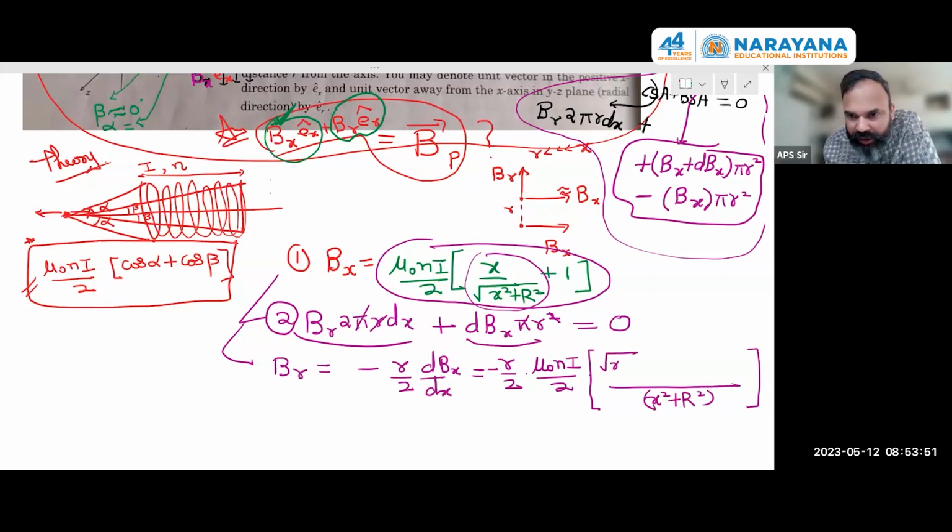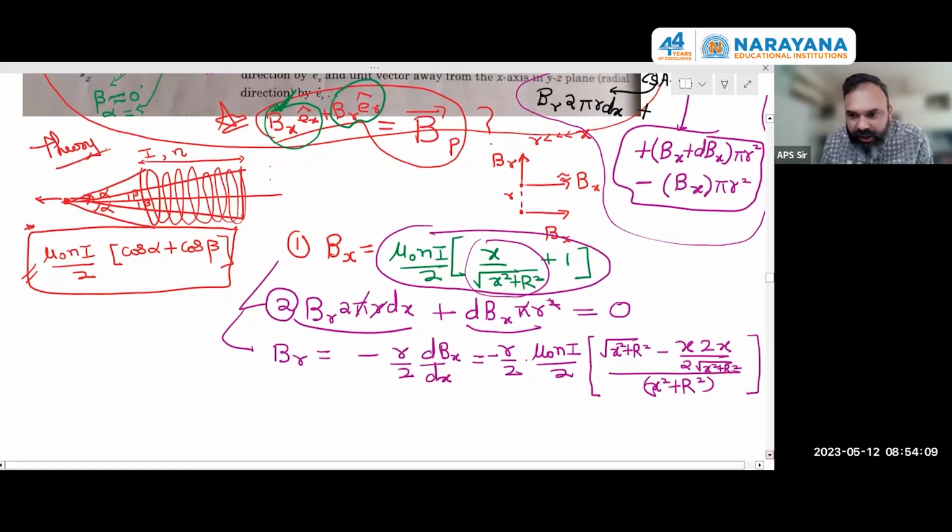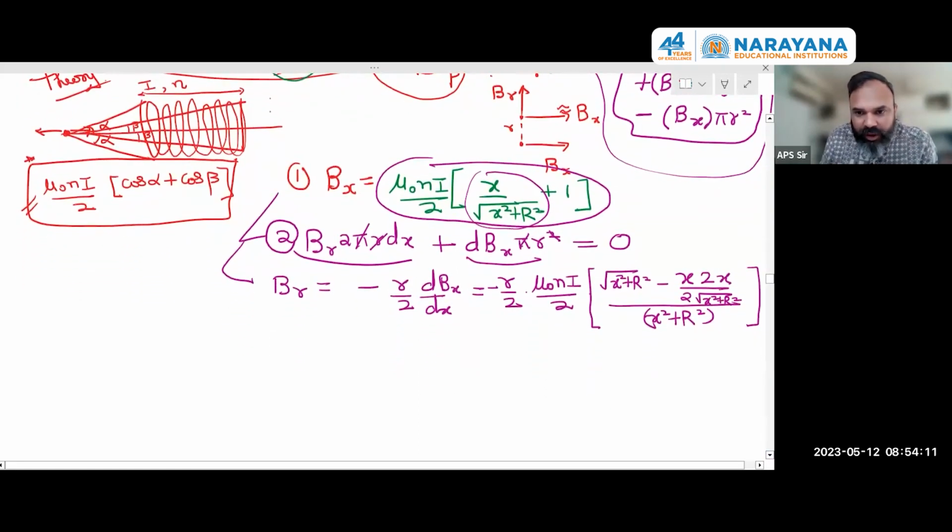Then root of x square plus r square times 1, minus x times the derivative of this, so by twice root of x square plus r square, and then I multiplied that by 2x. So very categorically, if you observe, you are ready with your expression.